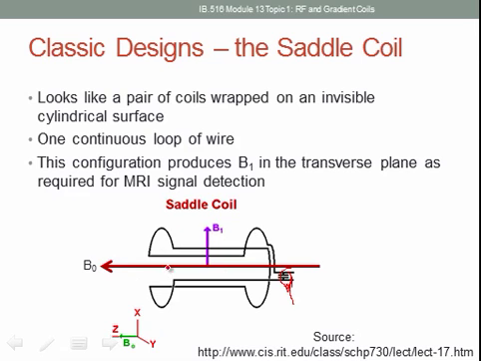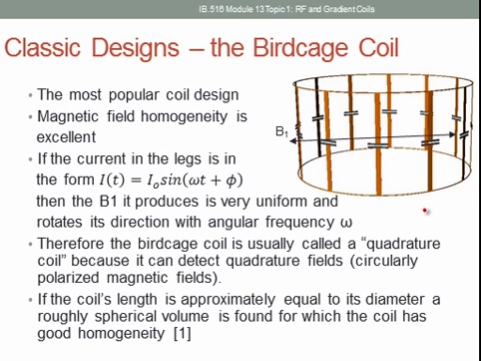So B0 is along this direction and B1 is perpendicular. Unfortunately, I have to rush through these designs. I don't have much more time here, but I want to at least get through some of the basic designs. But each of these designs is very involved.